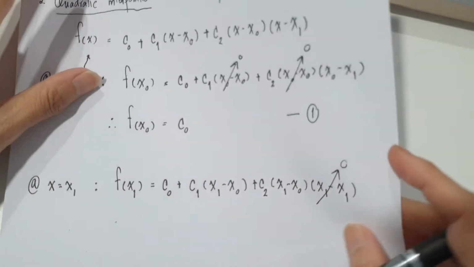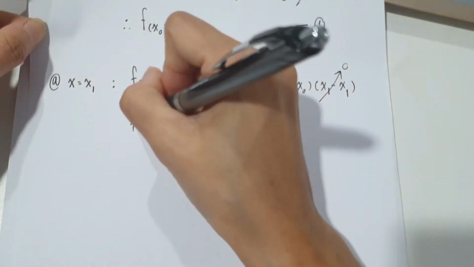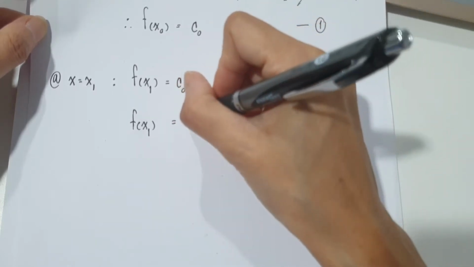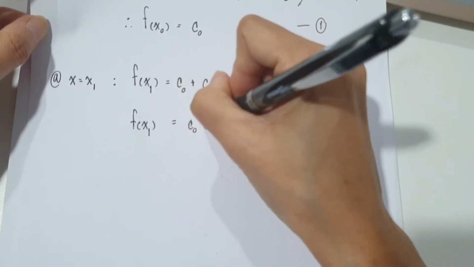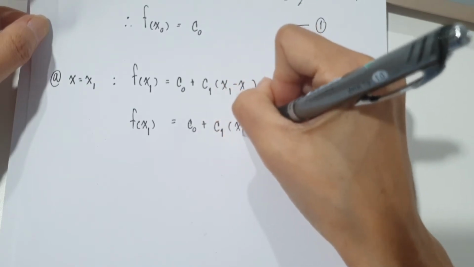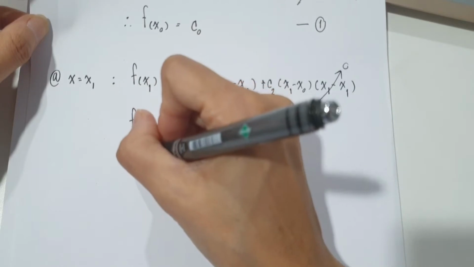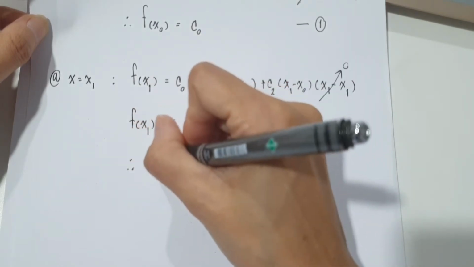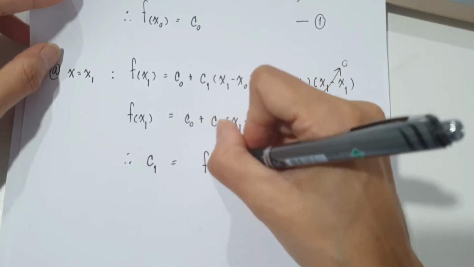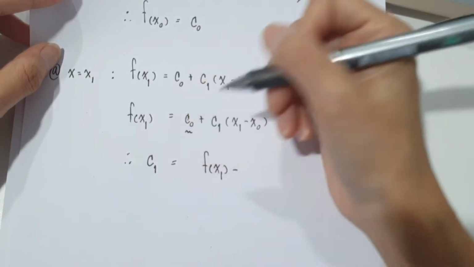So from here, f(x1) equals c0 + c1(x1 - x0), and from here c1 equals (f(x1) - c0), right?